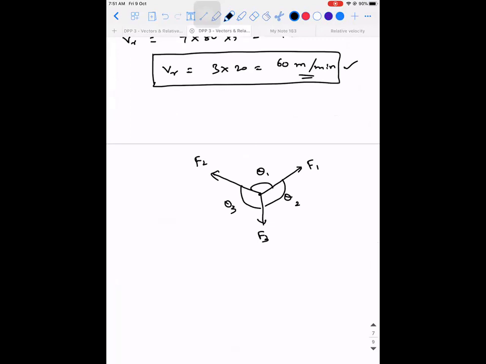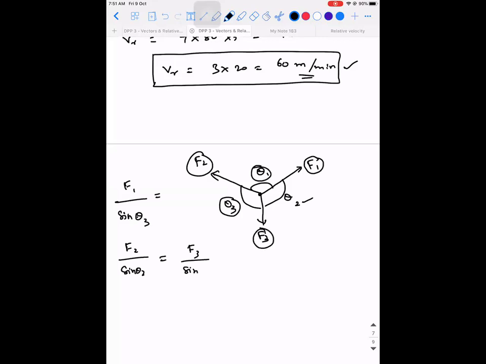When all the forces are acting at the same point and the forces are balanced, then F1 divided by sine of the angle opposite to it, that is theta 3, is equal to F2 divided by sine of the angle opposite to it, that is theta 2, is equal to F3 divided by sine of the angle opposite to it, that is theta 1. You need not memorize it. This is what is Lami's theorem. You can apply this only under balance condition.